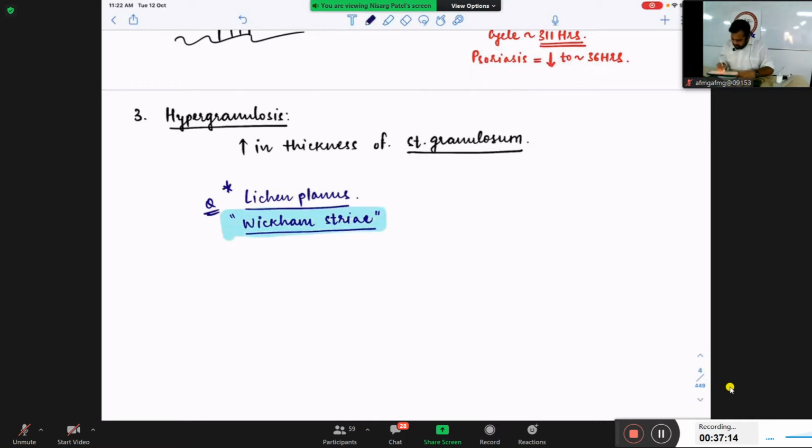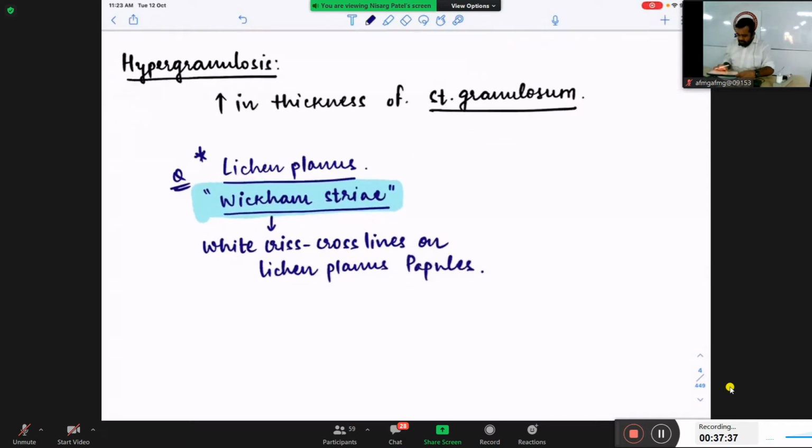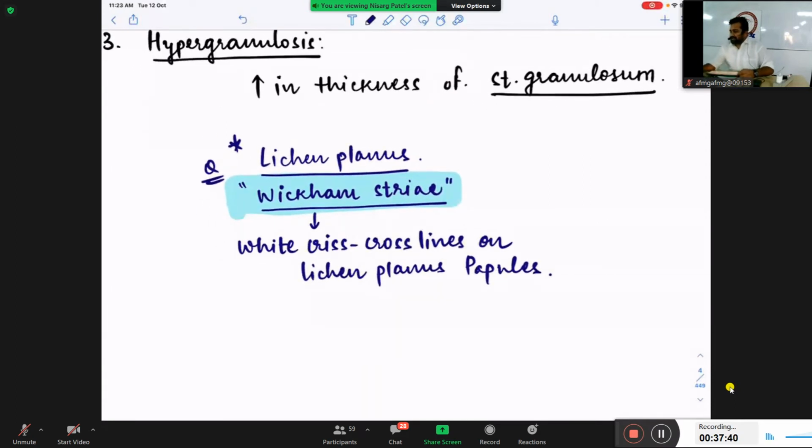Generally in your MCQ, they will write it like this: white criss-cross lines on the lichen planus papules. So Wickham striae is due to hypergranulosis.